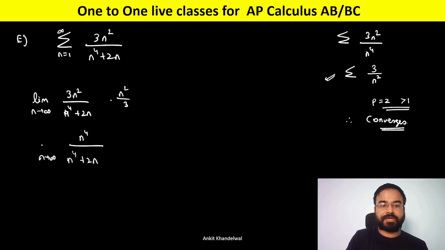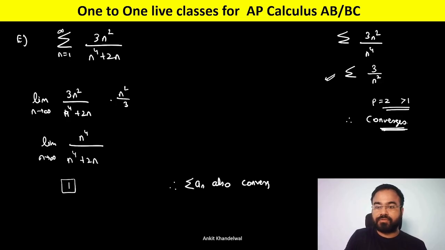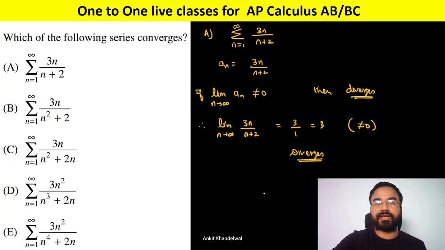Again, the degree is same for the numerator and denominator, so ratio of leading coefficient is the answer. So it is positive and finite, so both will have same nature. So this time the bn is converging, therefore an also converges. So option E is going to be the correct answer for this.